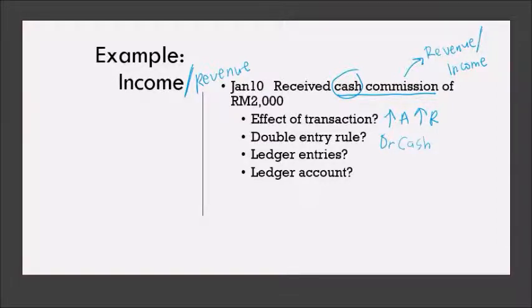Revenue increases on the right side, which is the credit. So you record credit as commission income. Okay, so this is what you record in the double entry.